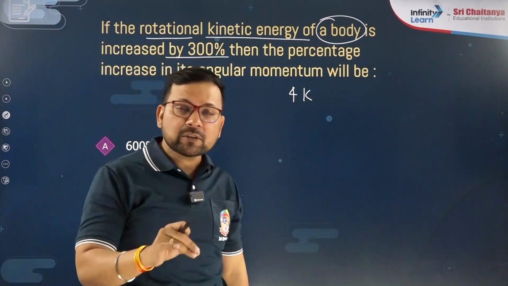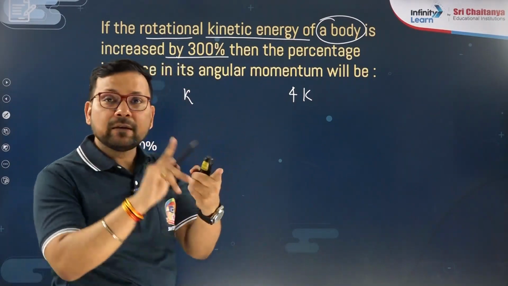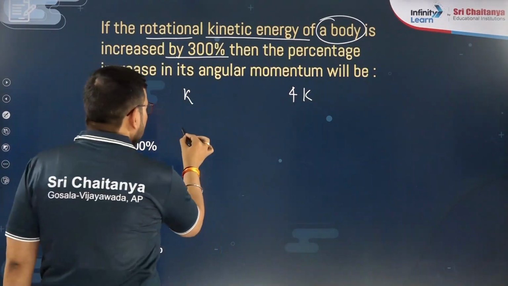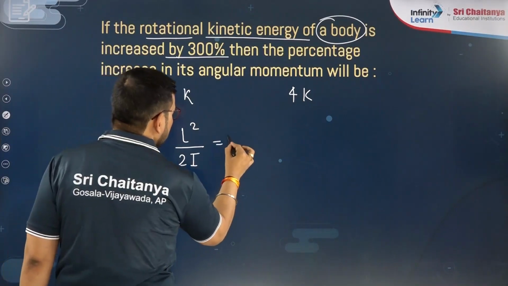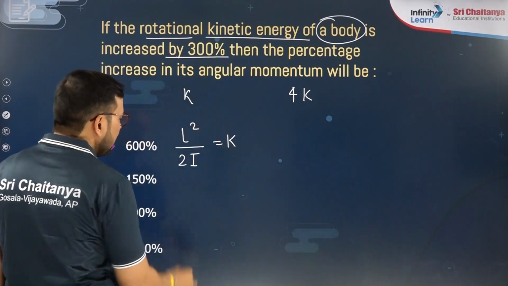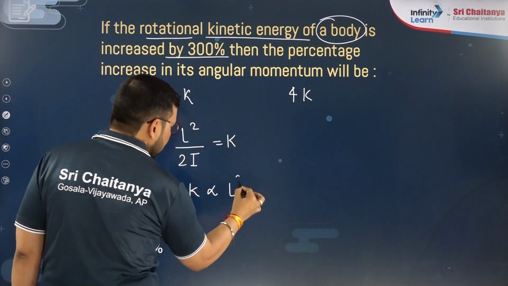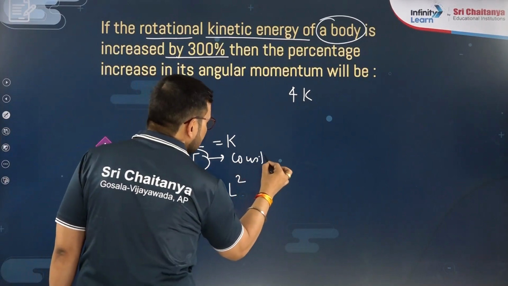So I will do this question by keeping I constant. So L is there, K is there, I is there. What is the relation between them? L square by 2I is equal to kinetic energy, right? I is constant, so kinetic energy is proportional to L square, because this inertia portion we are taking as constant.